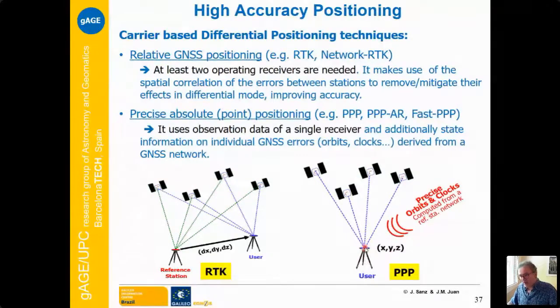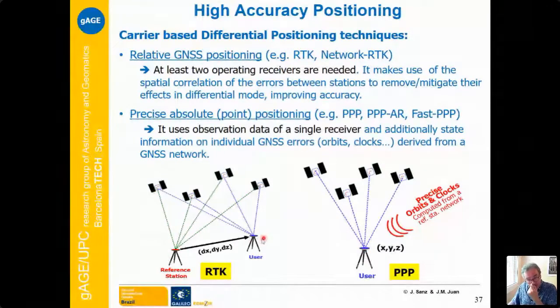Everything, the correction, refers to the network, and this is also differential positioning. But it's absolute positioning, because here we compute the absolute coordinates of the user.